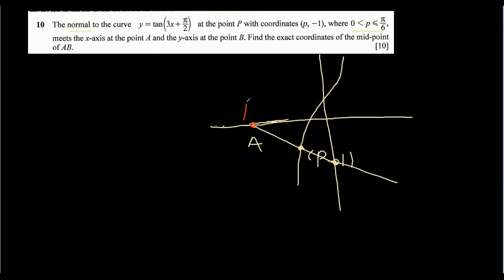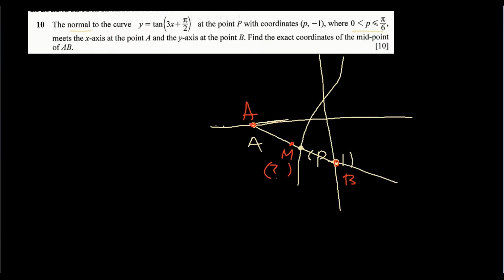So this is A, this is B. I have drawn randomly, please don't take it seriously, I just want to visualize this. Find the exact coordinates of the midpoint of AB. Suppose this is the midpoint of AB, let's call it M. They are asking for the coordinates of M.